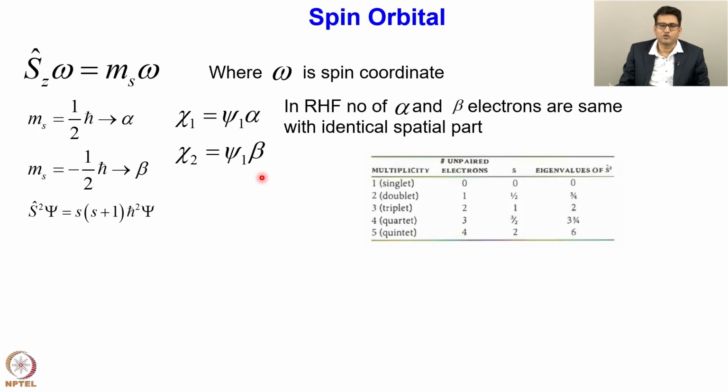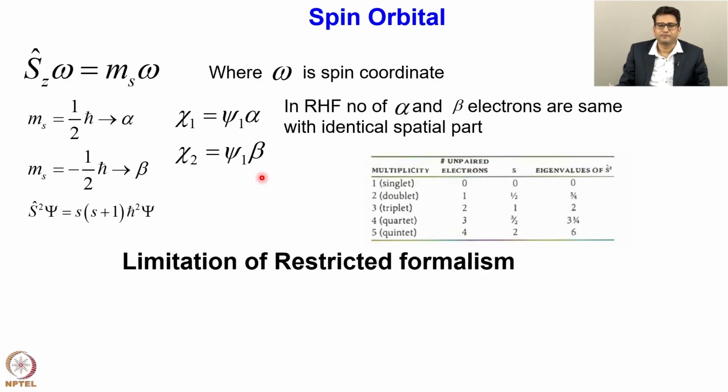Remember, multiplicity is 2S plus 1. So if S is equal to 0, 2S plus 1 will be 1, and that is called singlet. If S is equal to half, my multiplicity is 2, it is called doublet. Similarly, S equal to 1 leads to triplet, S equal to 3 by 2 leads to quartet, quintet, and it goes on like this.